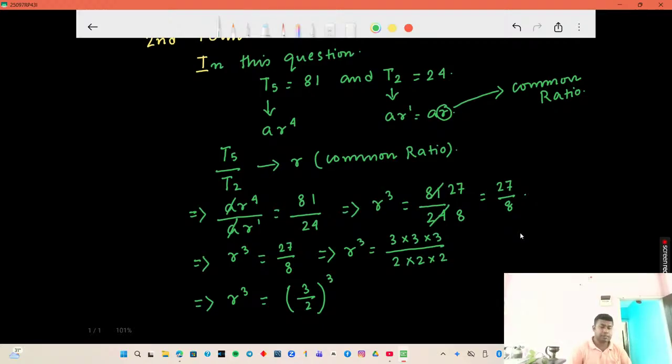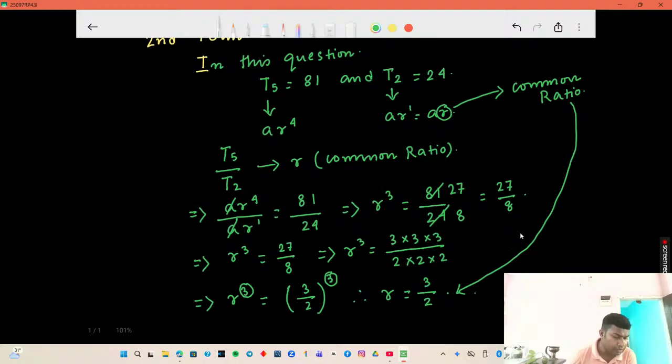So now we can see that according to exponents there is a formula: if the powers are equal, then the bases are also equal. Is it clear to you? Here the powers are 3 on both sides. Therefore, we can write r is equal to 3 by 2. So here the common ratio is 3 by 2.